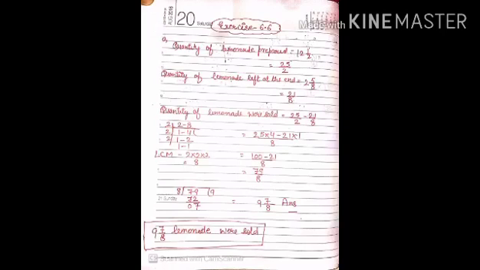Now subtract: 100 minus 21 over 8 is equal to 79/8. As it is an improper fraction, we convert it into a mixed fraction. By converting it, we get 9 7/8. That is the lemonade which was sold.